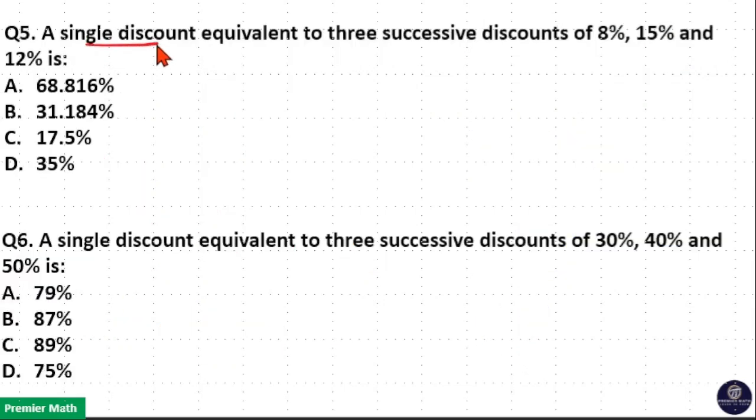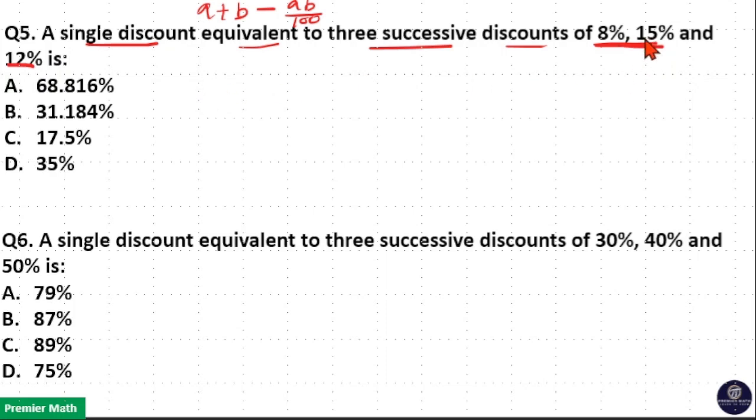A single discount equivalent to 3 successive discounts of 8%, 15% and 12% is? Here use the successive discount formula, that is A plus B minus AB by 100. Now take the first 2 discounts. Then count the successive discount.